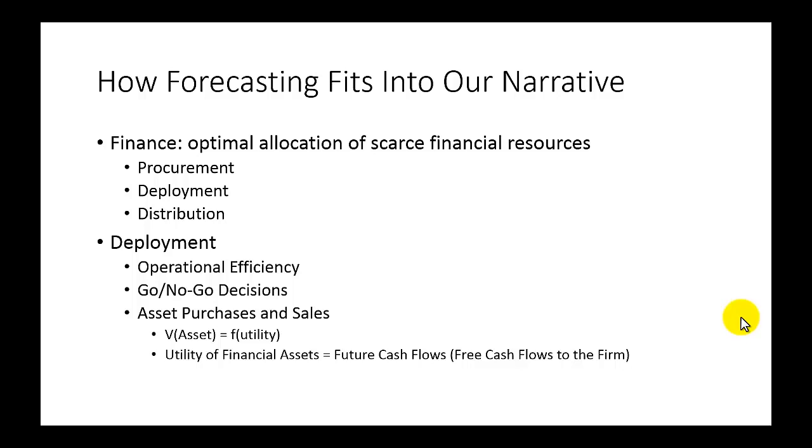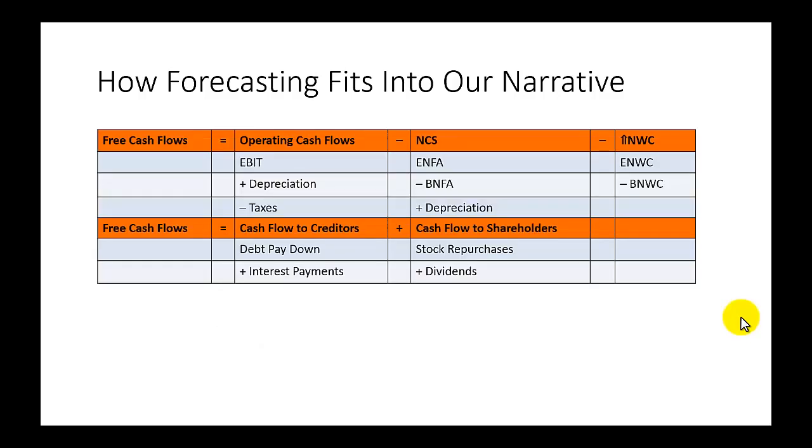But we're talking about free cash flows in the future. Well, if we remind ourselves of how we calculate free cash flows to the firm, we remember that free cash flows are operating cash flows minus net capital spending minus any increases in net working capital. That's the upper part of the chart here.